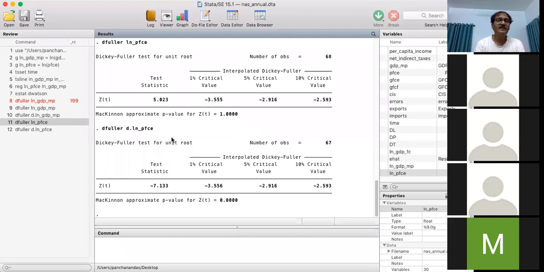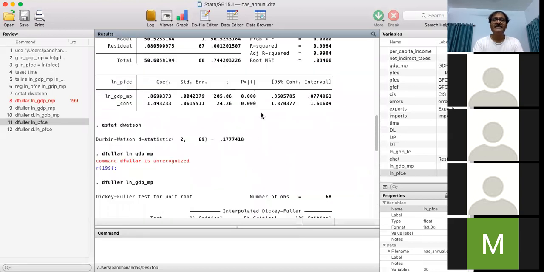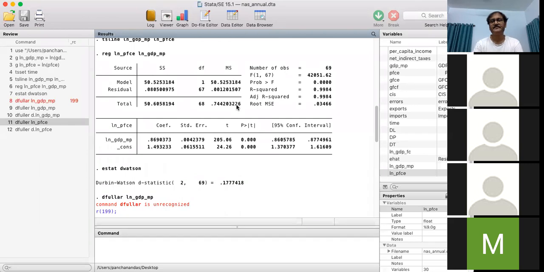Now, as both series are integrated, that is, both the GDP as well as the consumption expenditure contain a unit root, for that reason simple OLS provides you a spurious result. If both series are stationary, in that case OLS will provide you a meaningful result. But if the series you are using for estimation contain a unit root, you will get a spurious result.